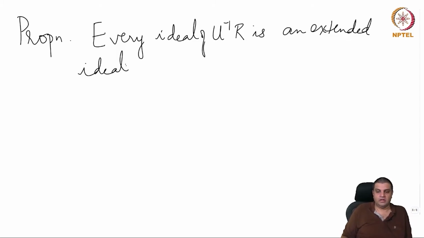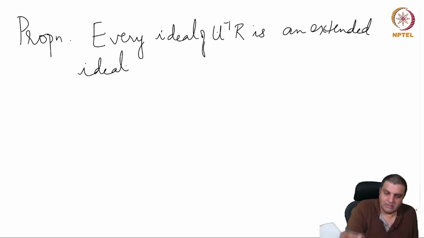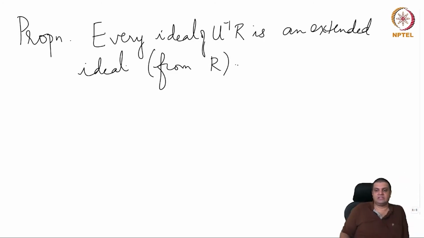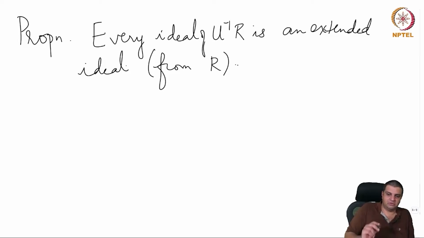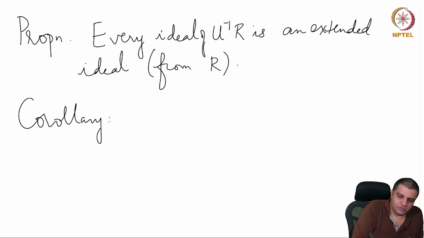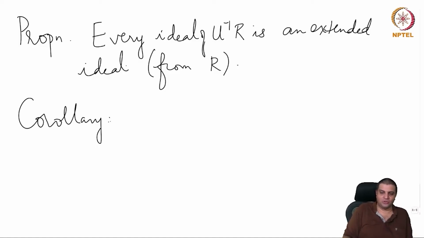In other words, if J is an ideal here, then there is an ideal in R whose extension gives J. This might sound like a curiosity, but it has an important application. We will prove the proposition. This is the first time we are coming across this notion of working with fractions, so I will do it so that we become familiar with that.